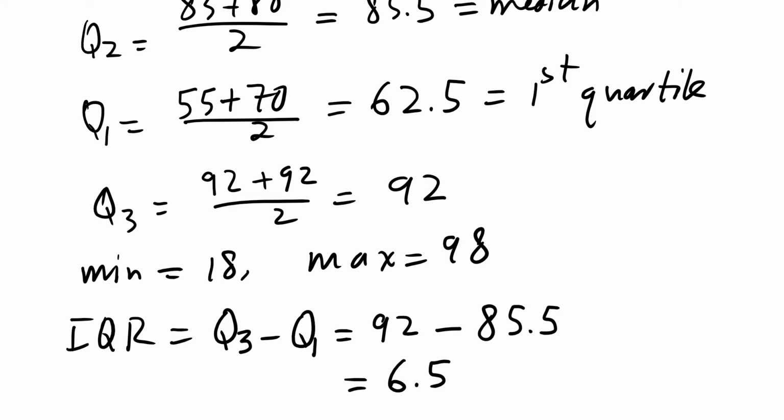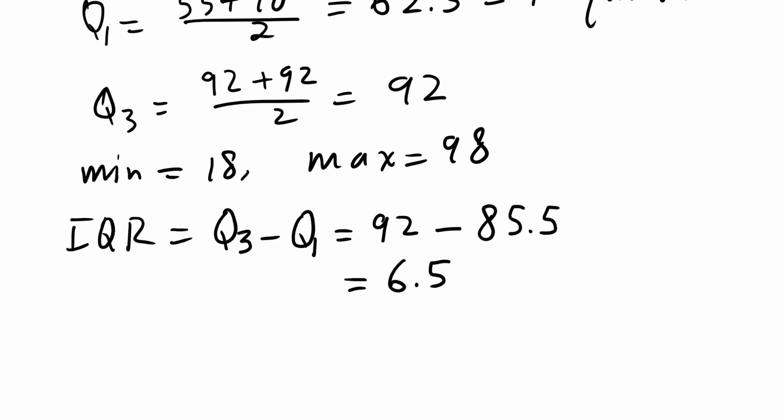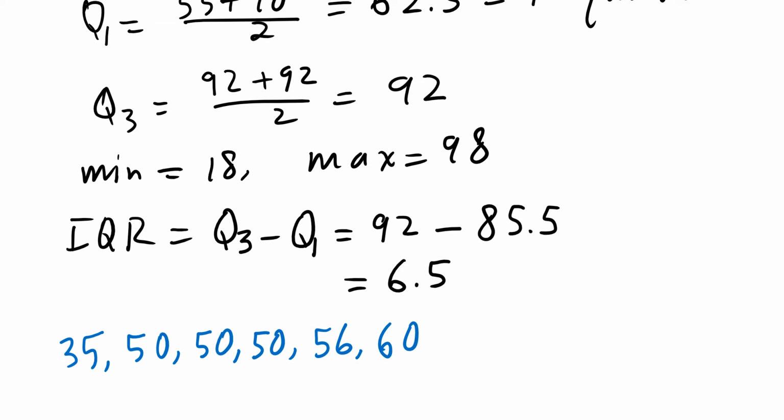Now, I'm going to take a look at another example. Let's say we have this. I have it arranged already in ascending order: 35, 50, 50, 50, 56, 60, 60, 75, and 250.